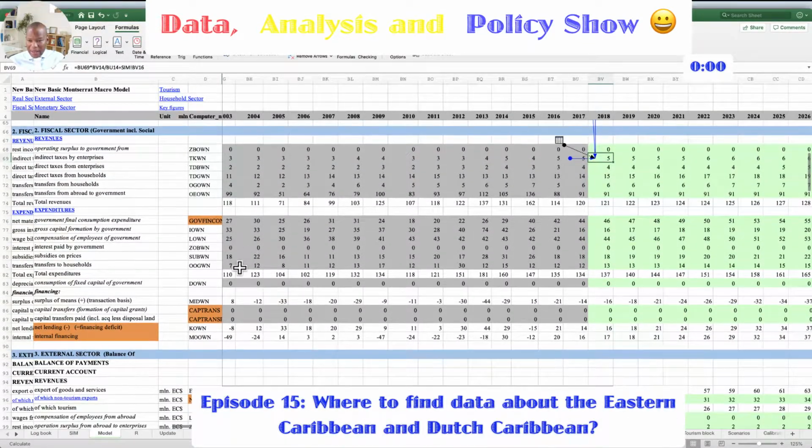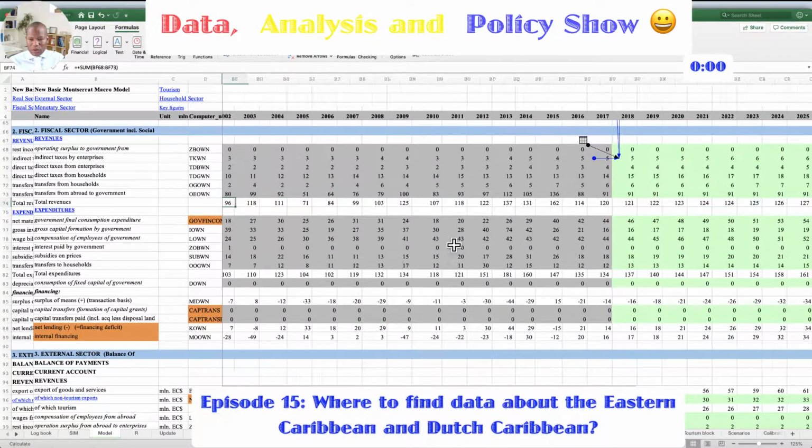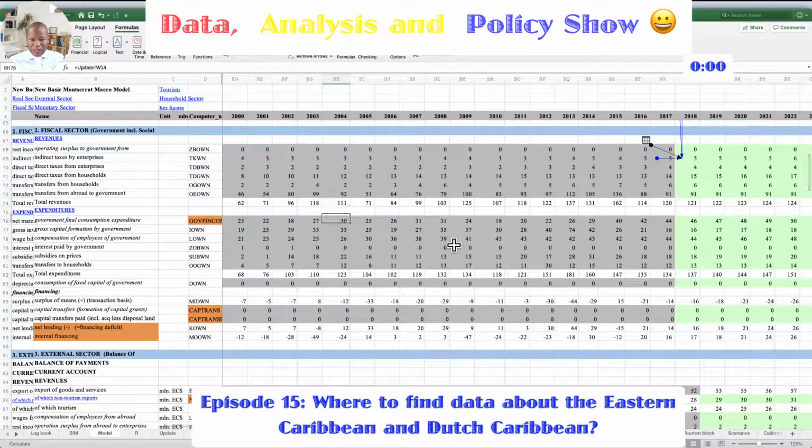Let's look at whether the expenditures are higher than the taxes. So you see here in these years, in 2004, expenditures are higher than the taxes.